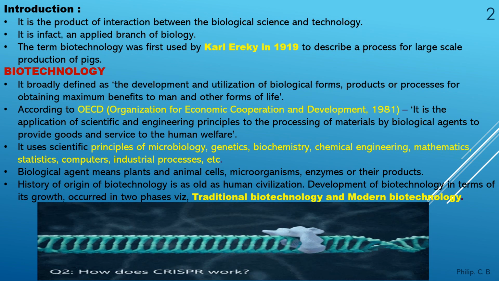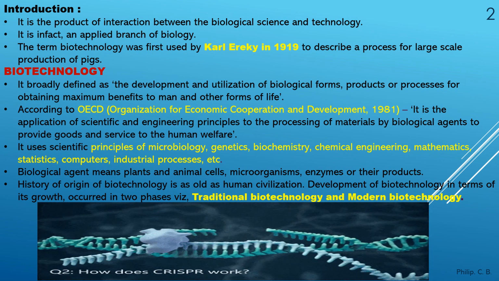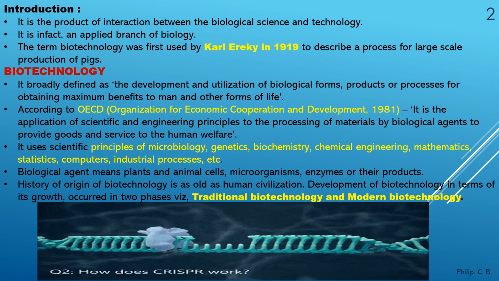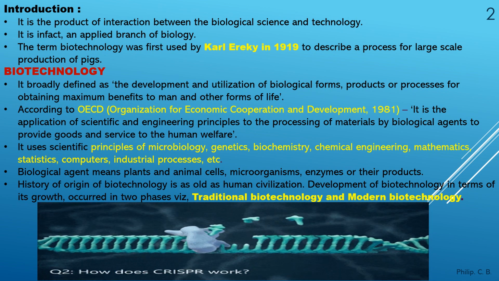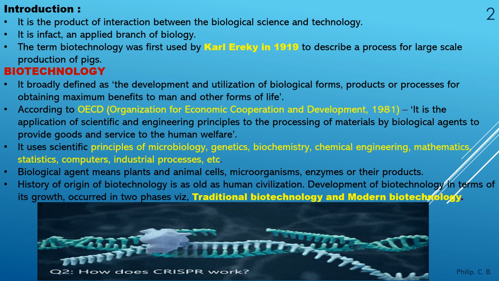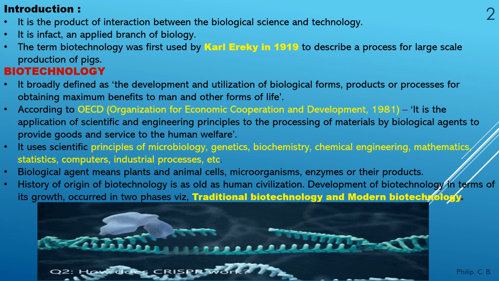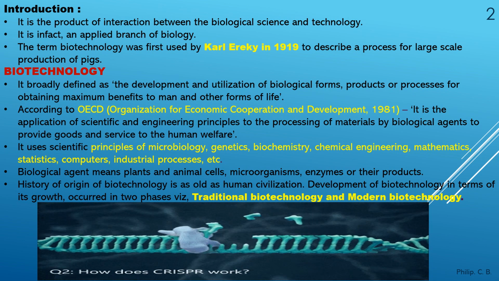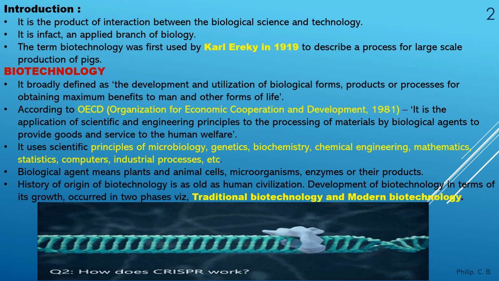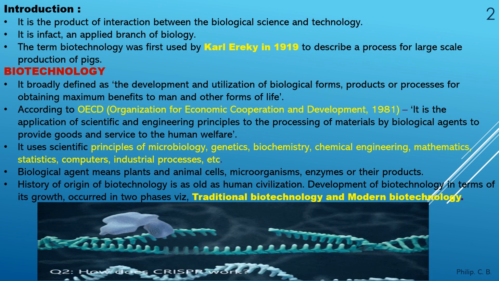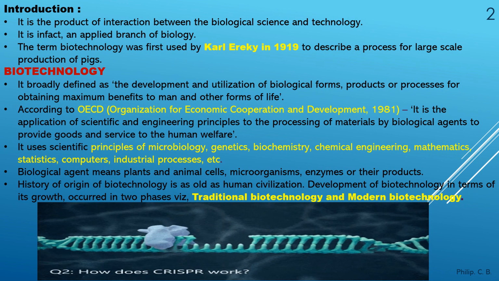So in biotechnology we also use all these principles which help to make the process much easier. Biological agent means plant and animal cells, microorganisms, enzymes, or their products. So when you say biological agent, it is none other than the biological forms, whether in the form of a plant cell, animal cell, or microorganisms, including their enzymes and the products as well.